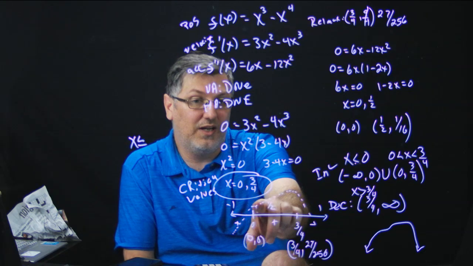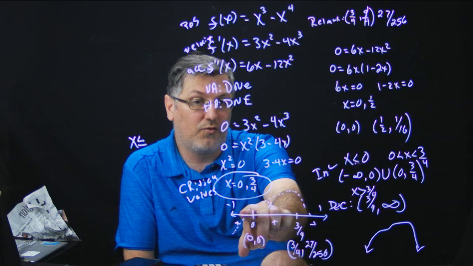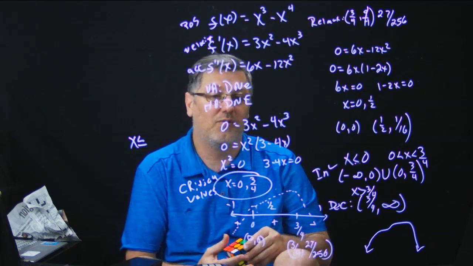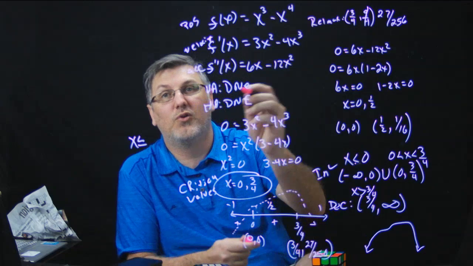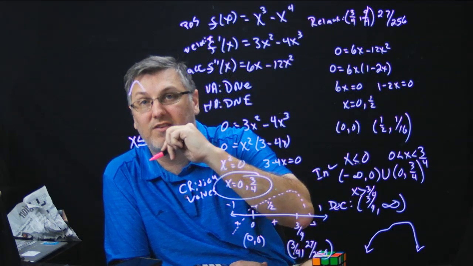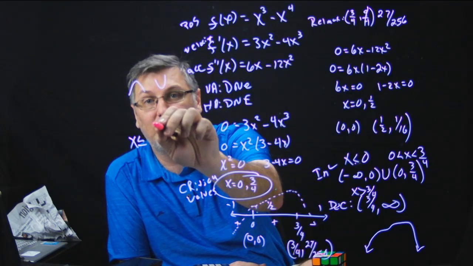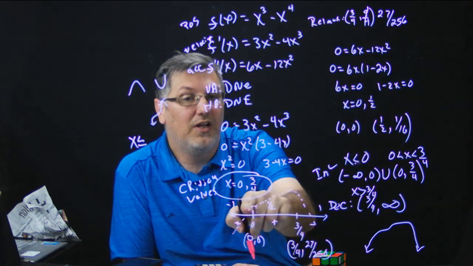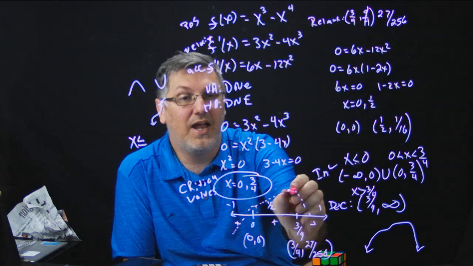Right here, it's going to be inconclusive because it's going from increasing to nothing to increasing. So it can't be a max or a min, because for it to be a max, it has to have something like this. For it to be a min, it's something like this. If you have something like this, it's inconclusive. So it's inconclusive at 0.